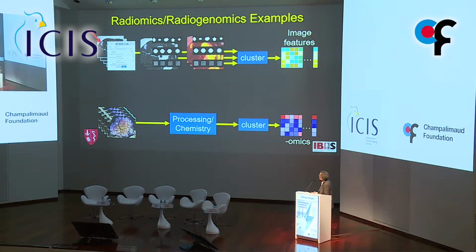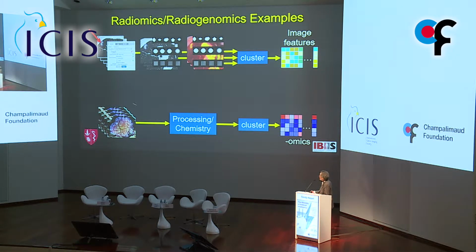So basically with radiomics and radiogenomics, you start out with a bunch of images and you characterize them in various ways, either with computational features or with semantic features or both. They typically can get clustered and eventually produce a matrix where the patients might be columns and the rows are image features.